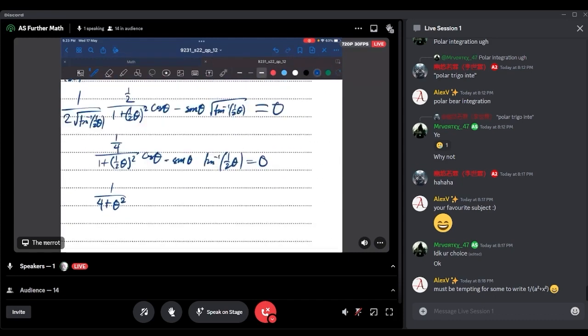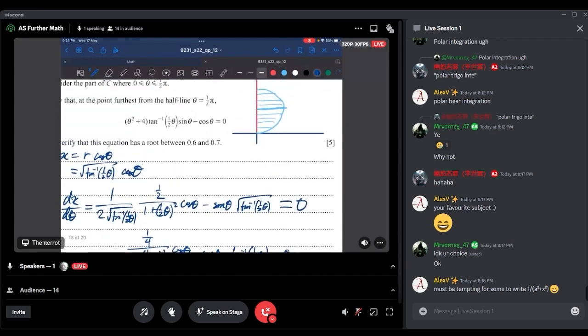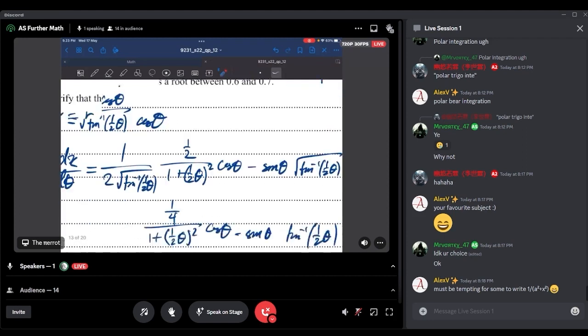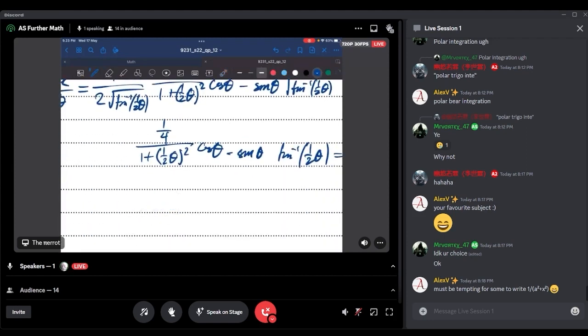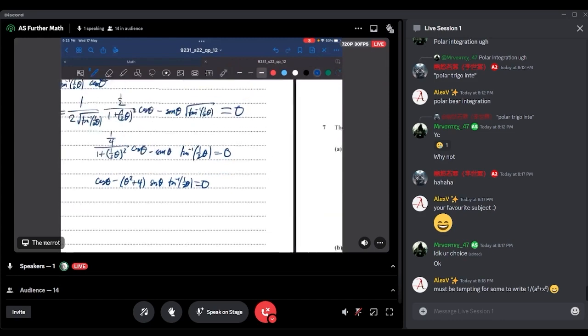And then finally, if you see that the theta square plus 4 is at the numerator part, not the denominator, it really just tells us that we have to multiply both sides by theta square plus 4. So let's do that. We get cosine theta minus theta square plus 4 sine theta tangent inverse half theta equals 0. And multiply by negative and you'll get your answer. Okay?